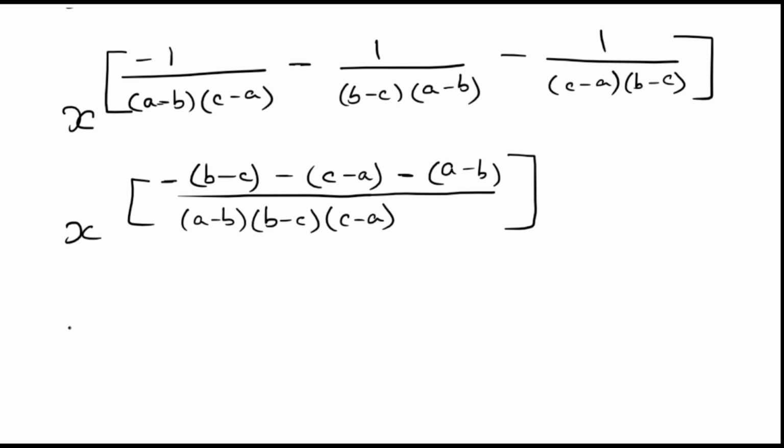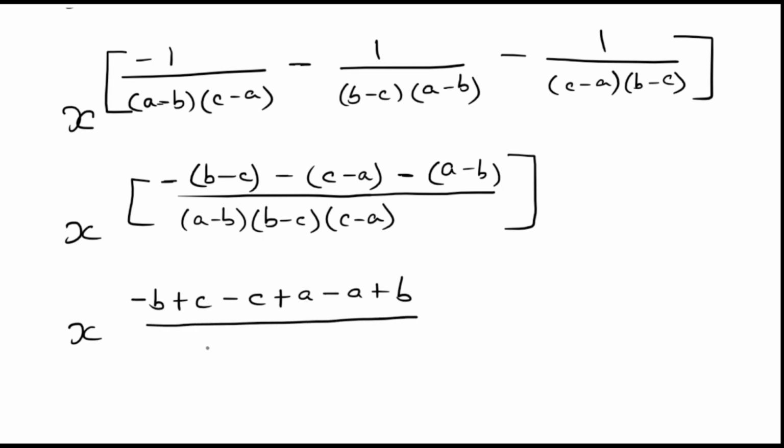Now removing the brackets, we'll get minus b, minus into minus plus c, minus c, and minus into minus plus a, minus a, and minus into minus plus b, whole divided by (a minus b) (b minus c) and (c minus a).